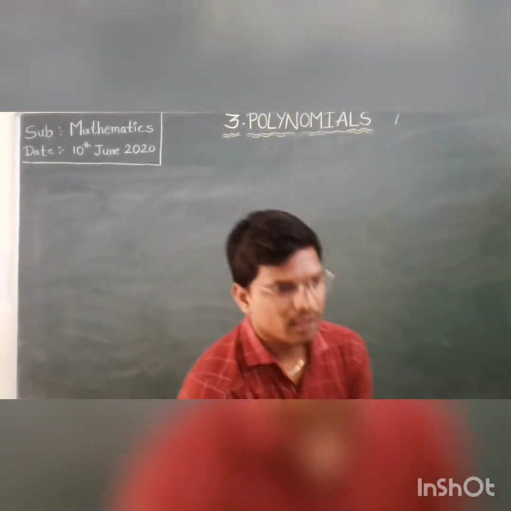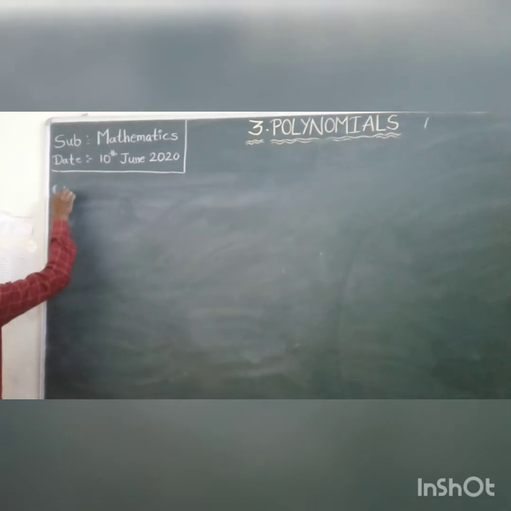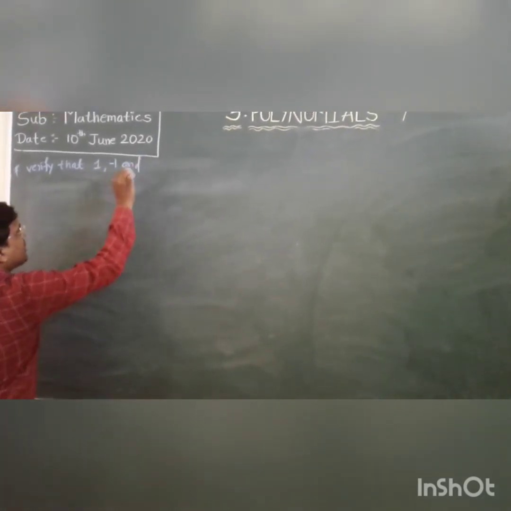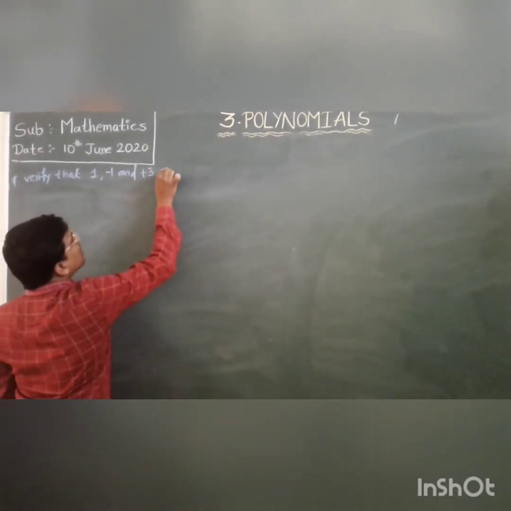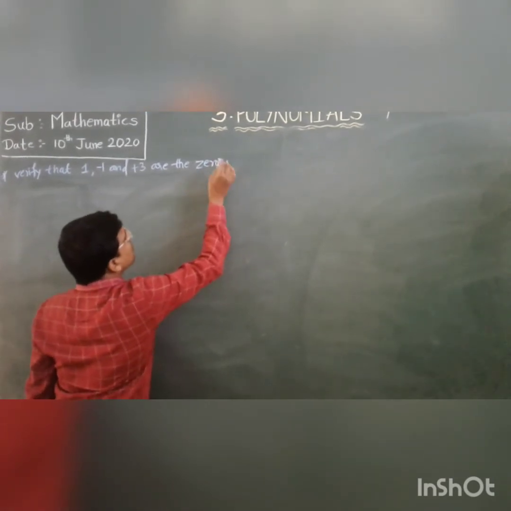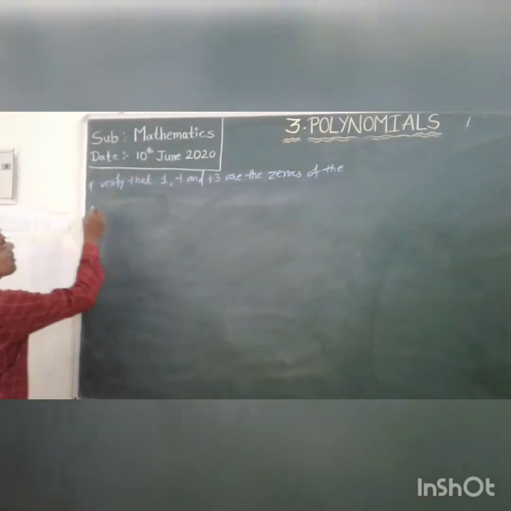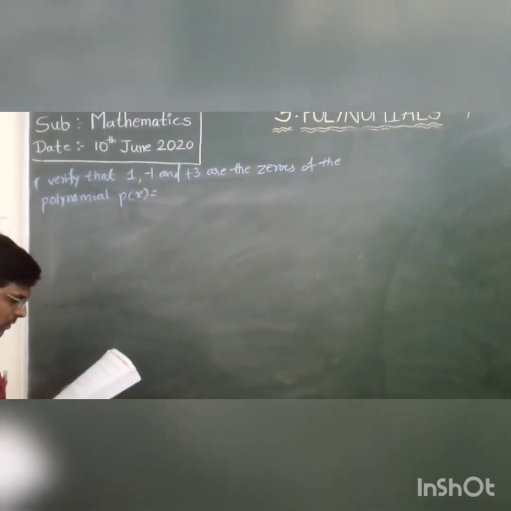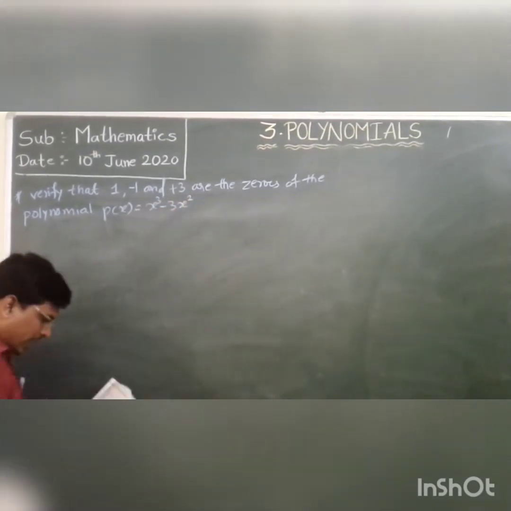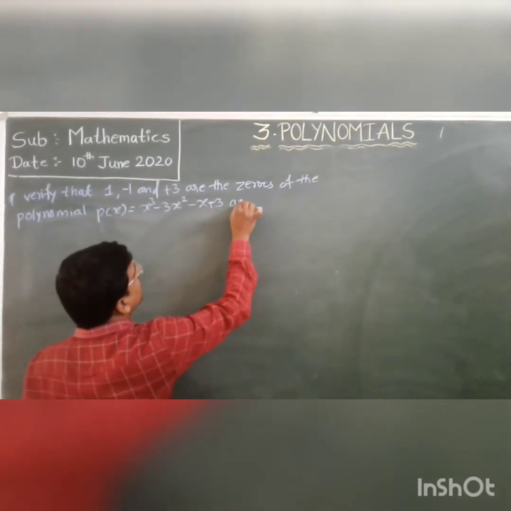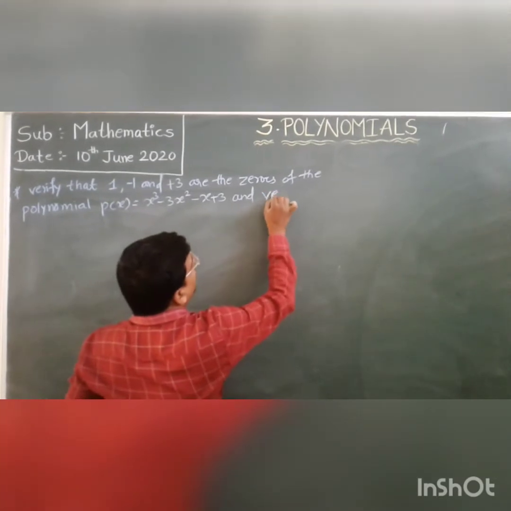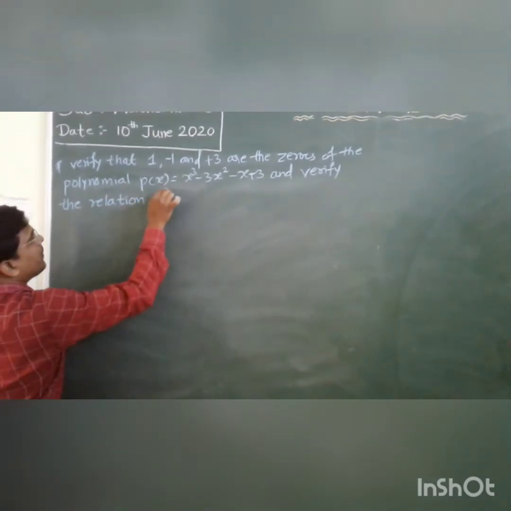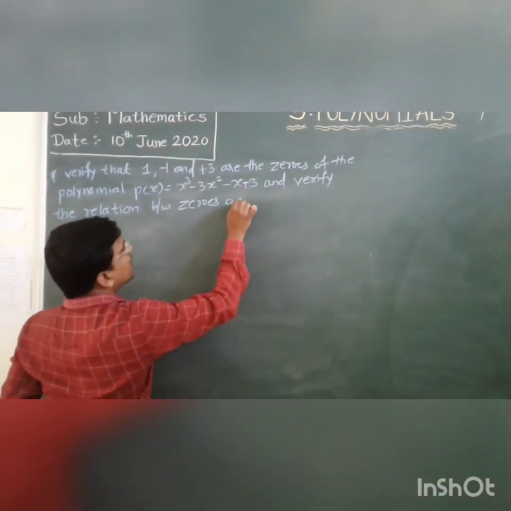So here I am taking one question. Verify that 1, minus 1 and plus 3 are the zeros of the polynomial P of x is equal to x cube minus 3x square minus x plus 3, and verify the relation between zeros and coefficients.